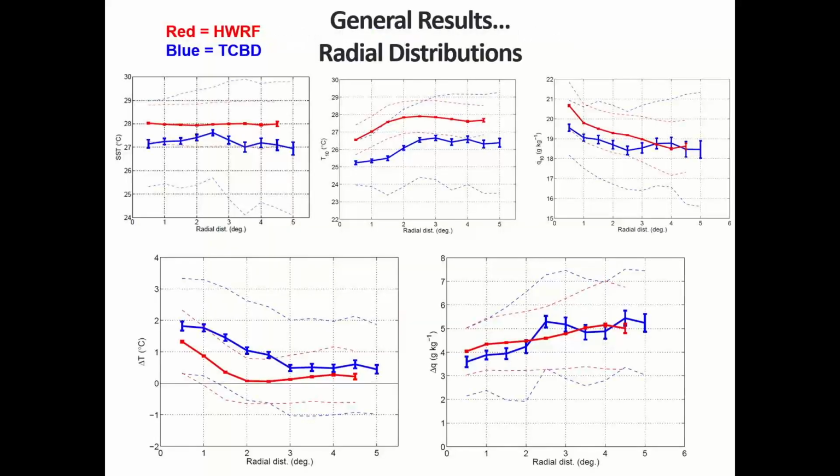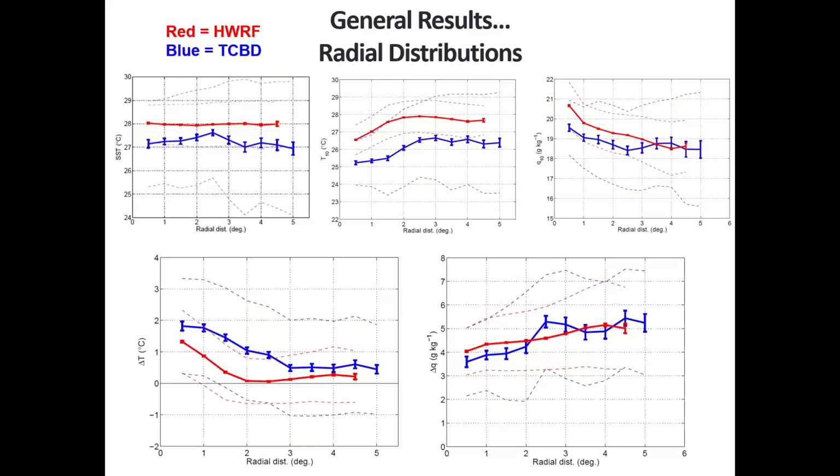Again, it was kind of yikesish. So this is for 2011, a composite for the year for the model, and also a composite from the buoy database. The blue is the buoy, and the red is from HWRF. You have SST on the left, air temperature in the middle, and 10-meter specific humidity on the far right.